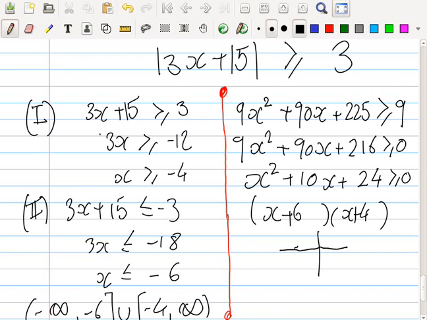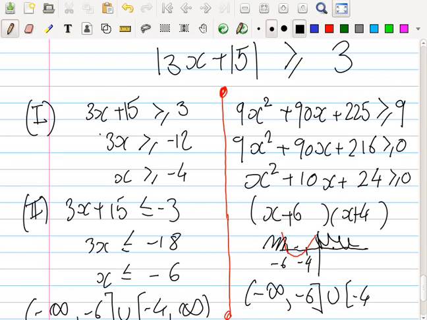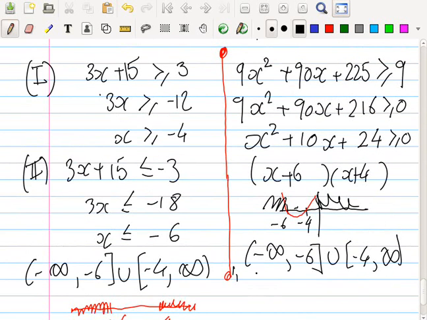But on the graph here, you get minus 6, minus 4. And I draw my quadratic. Do I want above or below here? Above, so I want this piece, and then I want this piece. So you want from minus infinity to minus 6, and then from minus 4 all the way to the right to infinity. Which, no surprise, is the exact same answer.